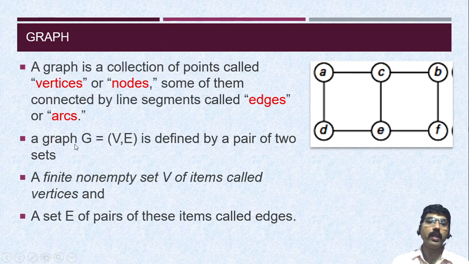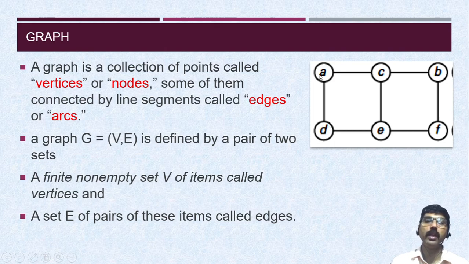A graph can be represented as G = (V, E). Here two sets are defined, V and E. V is a finite non-empty set of items called vertices.